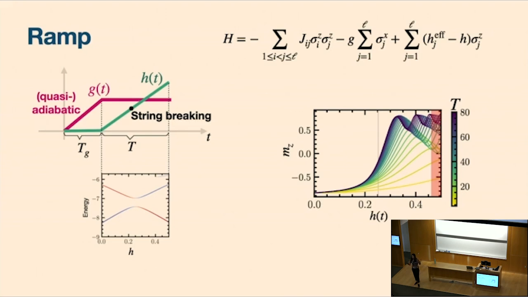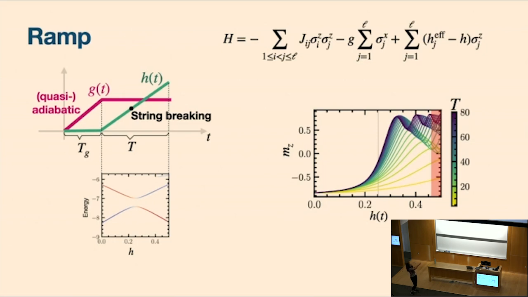And what you expect to see is that as you cross this point, depending on the speed of this ramp, you will see a different behavior. In this case, for example, of the demagnetization, if the time is long, so if you're very slow, close to the adiabatic limit, you will see that magnetization changes sign from negative to positive, right?